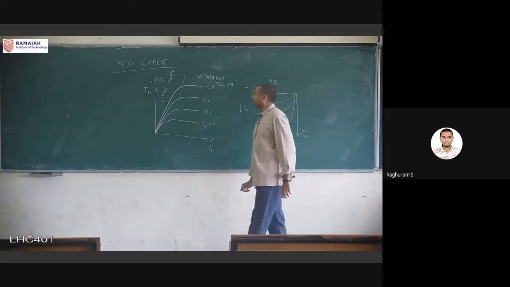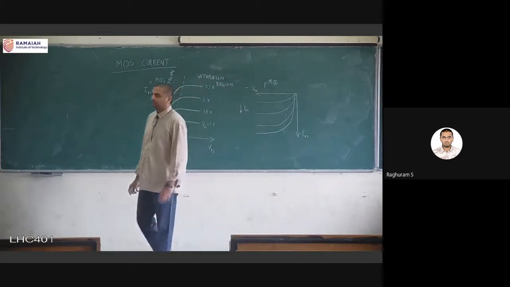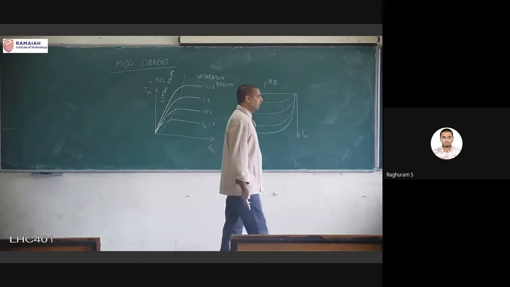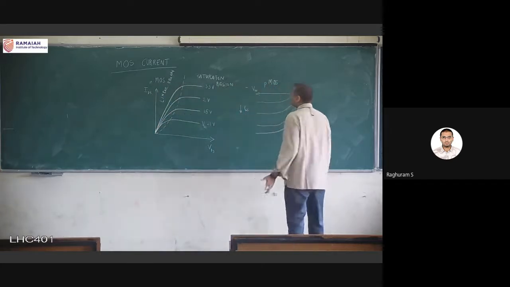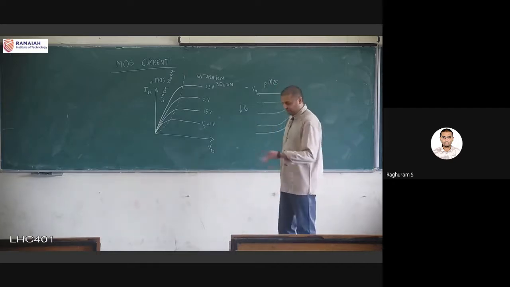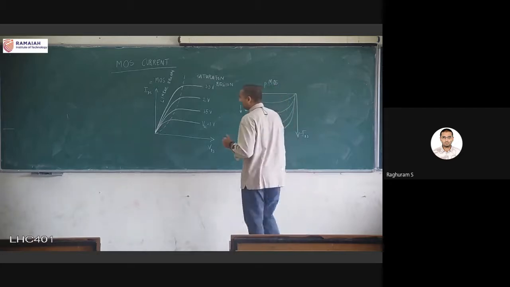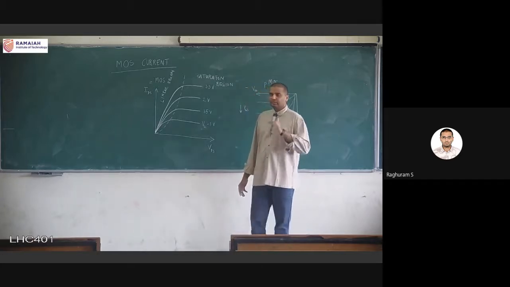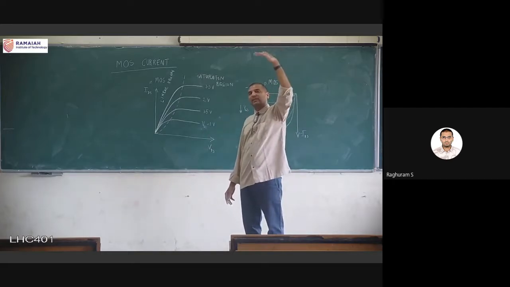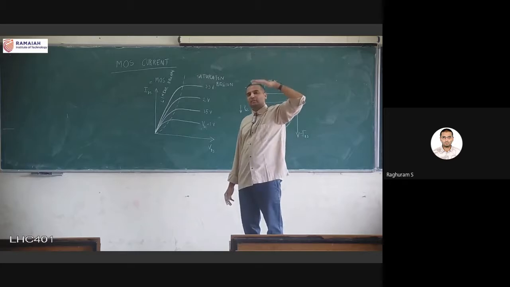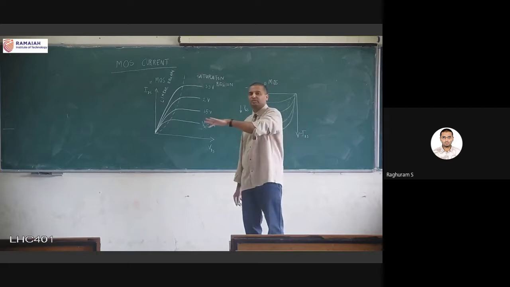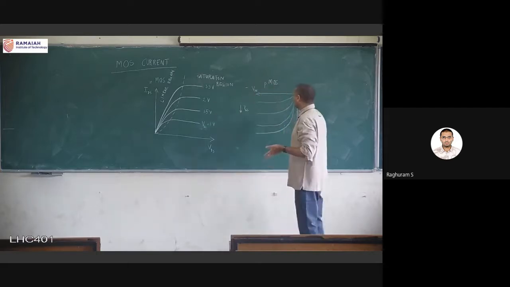In the PMOS transistor, what is the meaning of a negative value for IDS? Very simple. It means that IDS actually flows from the source to the drain, because as we will see in the circuits, for PMOS transistors the source is generally at the highest possible level, that is at VDD, and all the other terminal voltages can be at most equal to or lesser than the source voltage of the PMOS transistor. So that is why everything happens in the third quadrant.